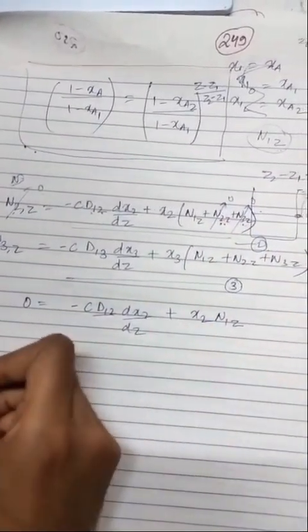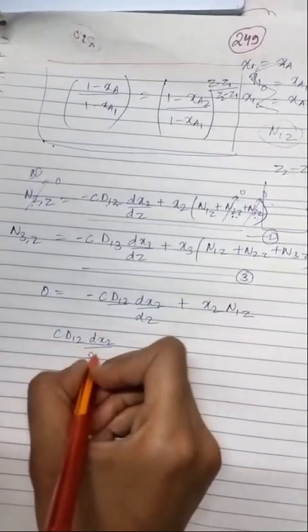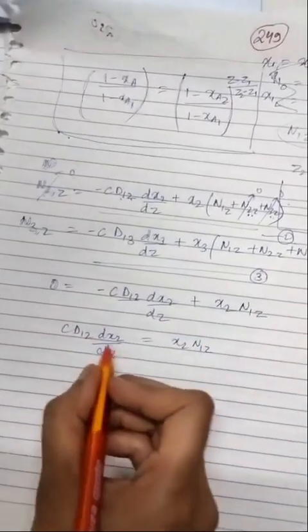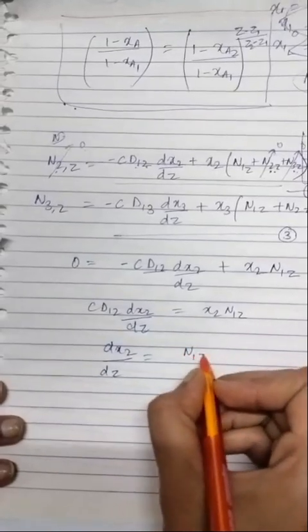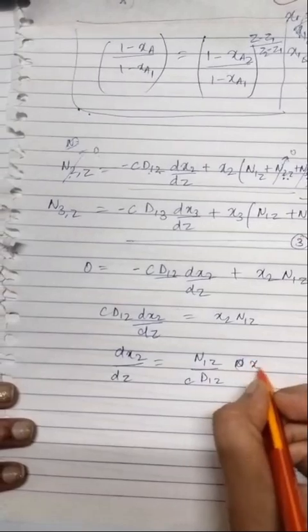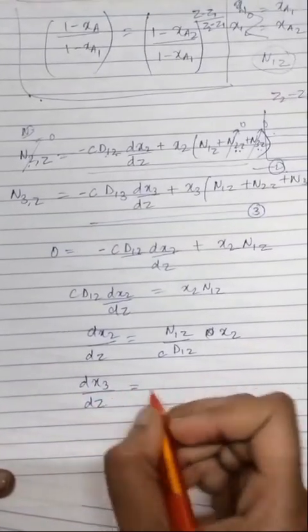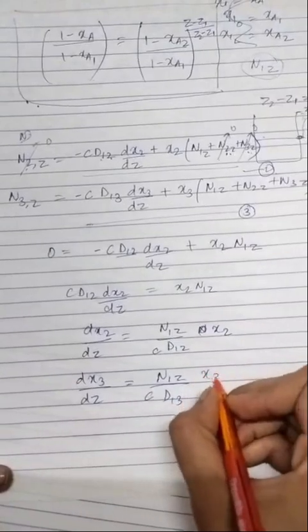Rearranging it, we will get C D12 dx2 upon dz is equal to x2 N1Z, which will reduce to dx2 upon dz is equal to N1Z upon C D12 times x2. Similarly, for N3Z we can write dx3 upon dz is equal to N1Z upon C D13 times x3.